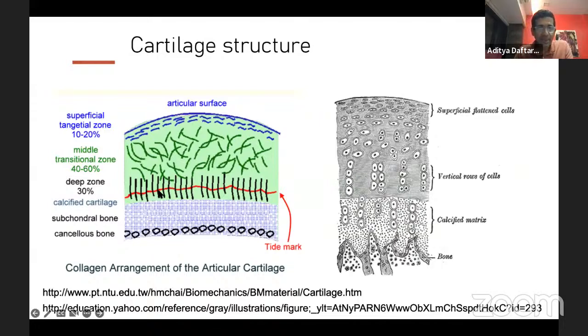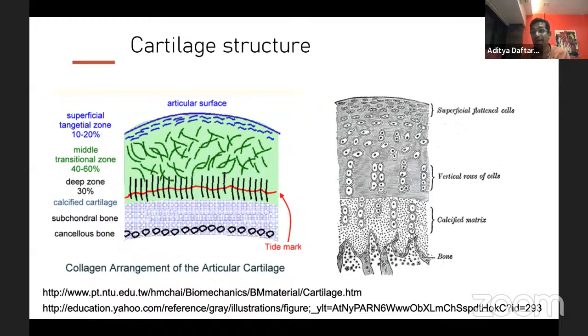Similarly, in the deep zone, because they are perpendicularly oriented and fairly tightly bound, again, this area appears dark. Now, in the deep zone, you have a portion that is connected to the lower bone. So it's calcified, and you have a portion that is non-calcified. And the transition point between the calcified and non-calcified cartilage is something that we call the tide mark.